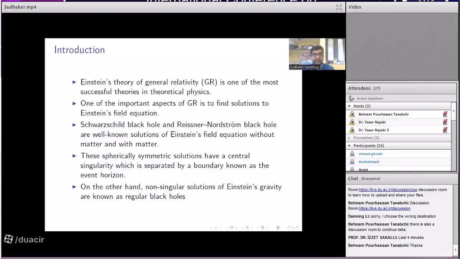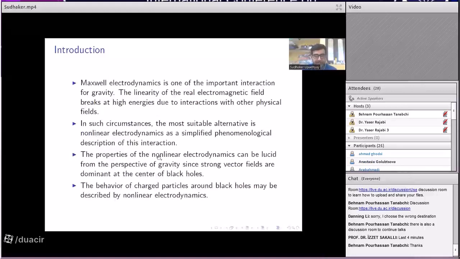And now you see the Maxwell. Now we come to the interaction part and the source part, not the pure gravity part. So Maxwell electrodynamics is one of the important interactions of gravity. And the linearity of Maxwell electrodynamics breaks at high energy and due to interaction with other physical fields.